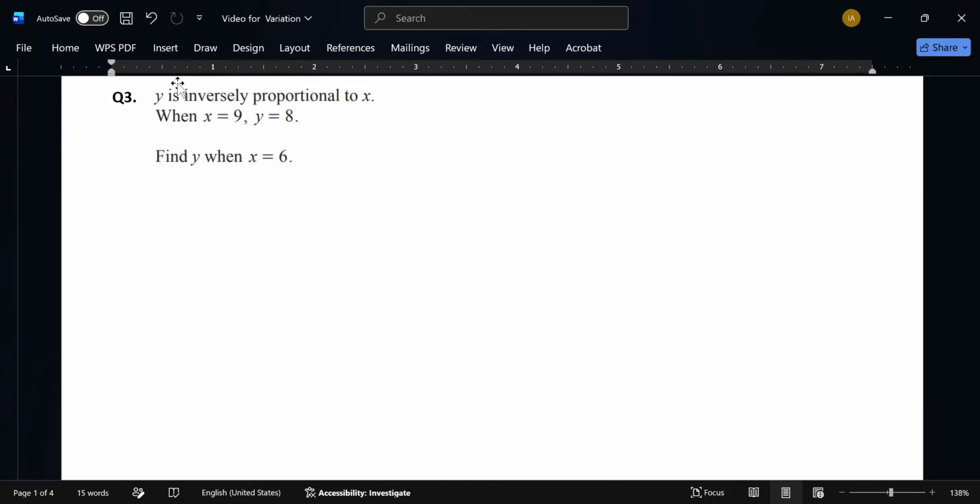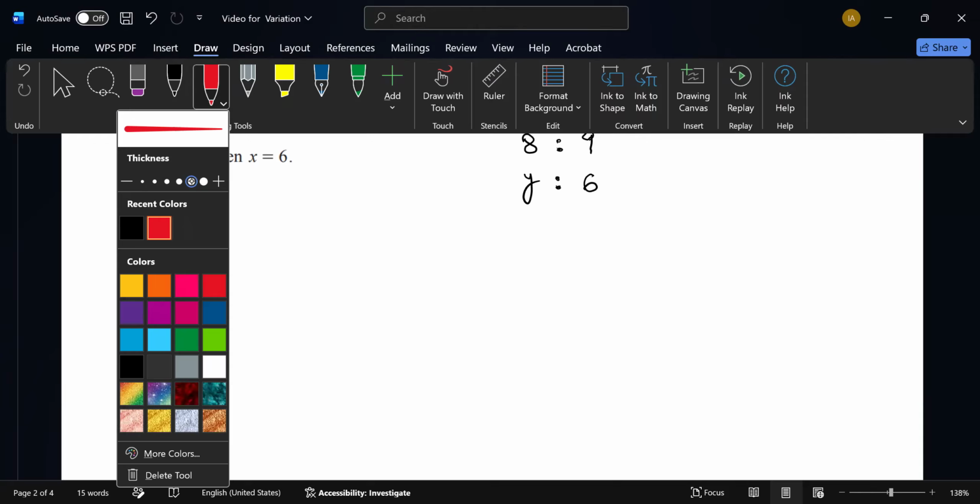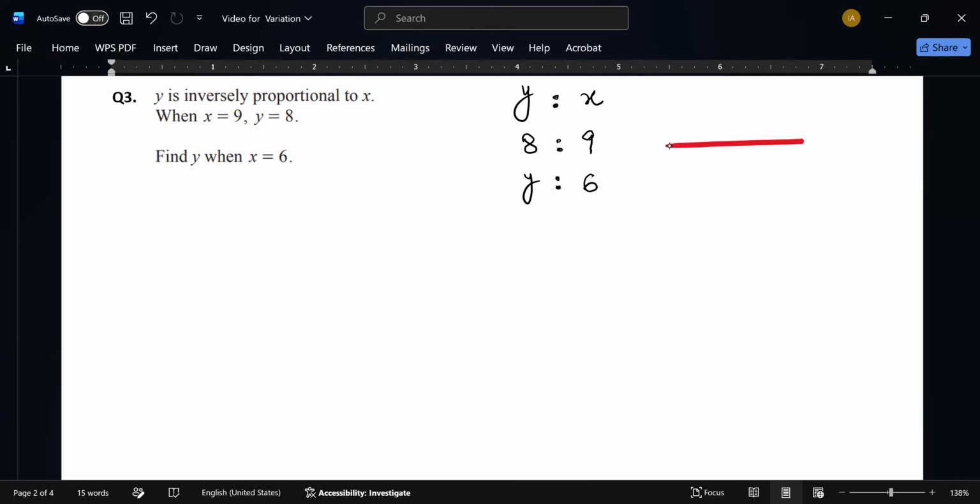Again, y is inversely proportional to x, where y is 8 and x is 9. If x is 6, what is the value of y? Again, it's an inverse relation, which means the numbers are multiplied in this pattern.